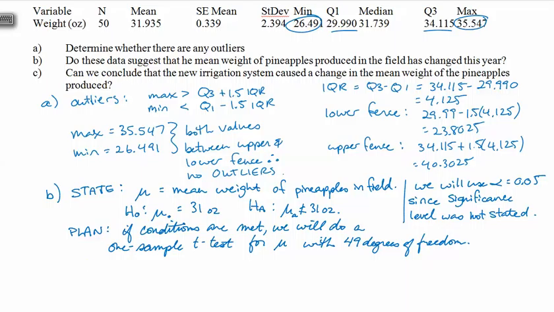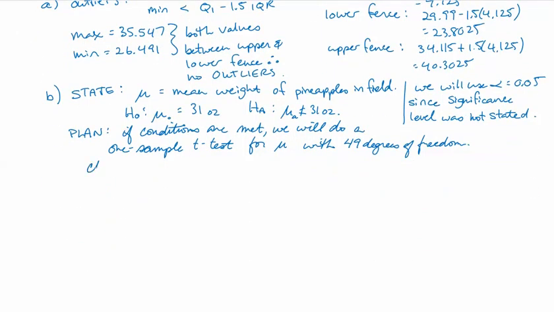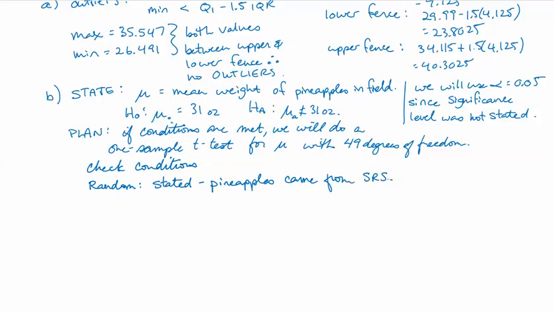So we also need to test conditions. So check for random. It's stated that pineapples came from an SRS. Independent. We are sampling without replacement.